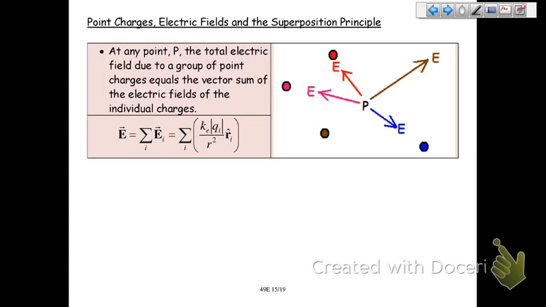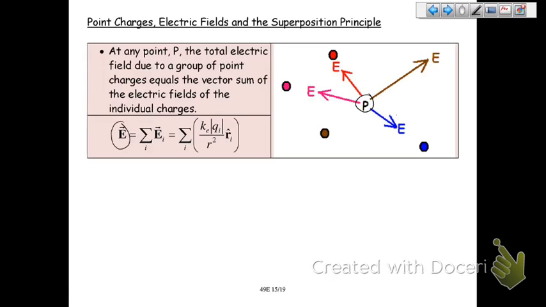Let's do the next little bit, where we imagine a whole bunch of charges. Again, we have the idea that the total electric field, and now we don't have a charge of interest, we have a point of interest, is the sum of all the individual electric fields at that point caused by these charges. Now there's an interesting point.